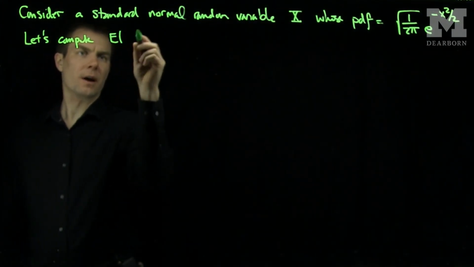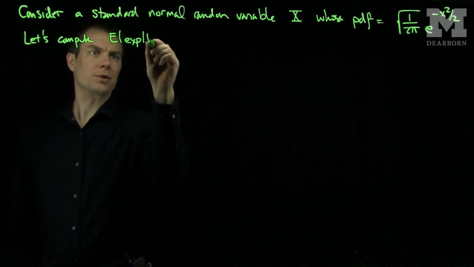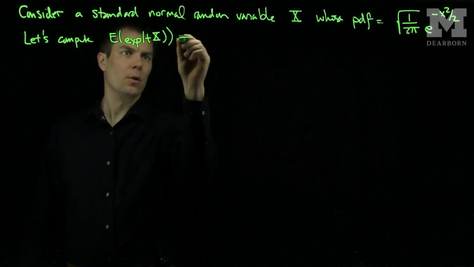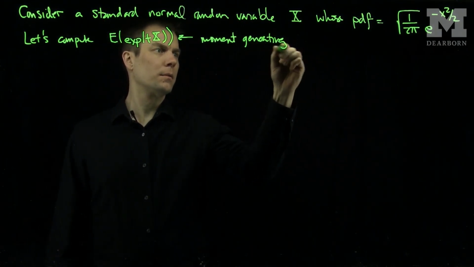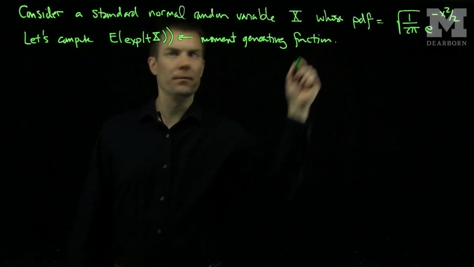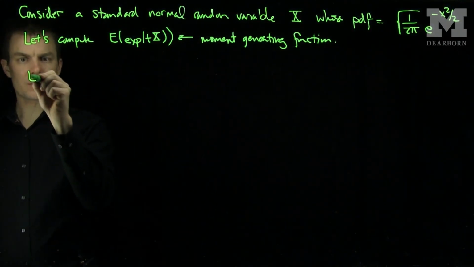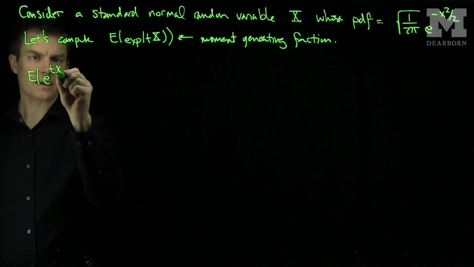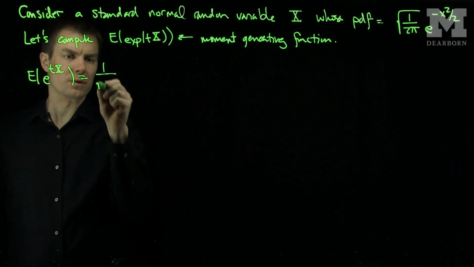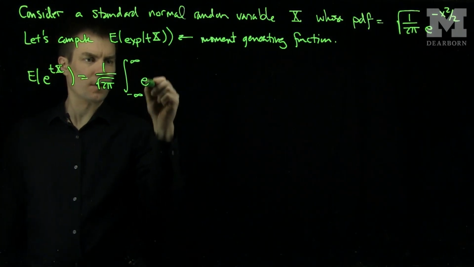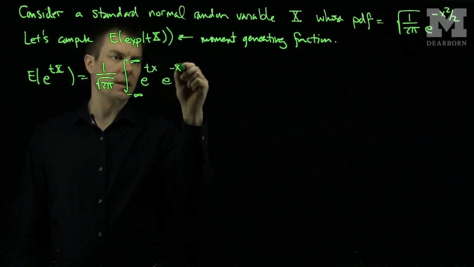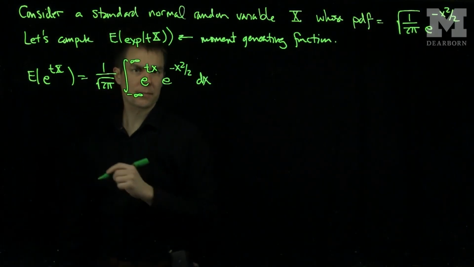Let's compute the expected value of the exponential of t times x, or the moment generating function. Well, the expected value of e to the tx will be 1 over the square root of 2 pi, the integral from negative infinity to infinity of e to the tx, e to the negative x squared over 2 dx.